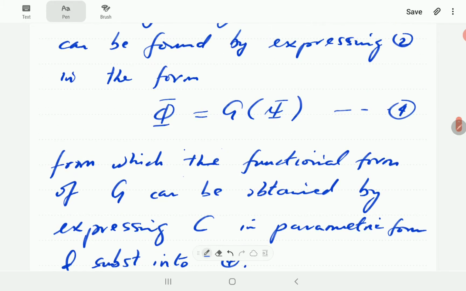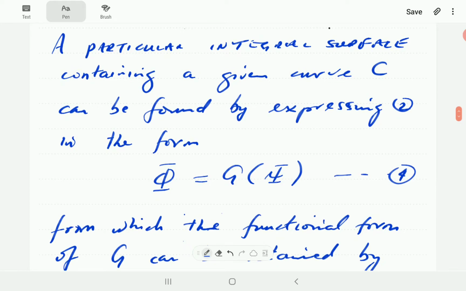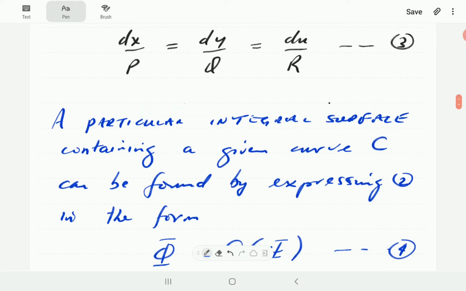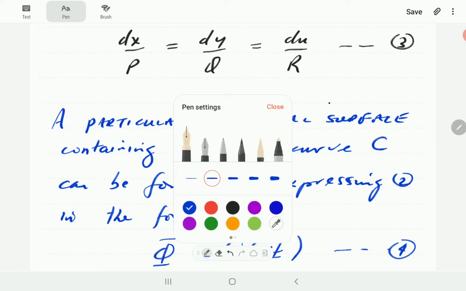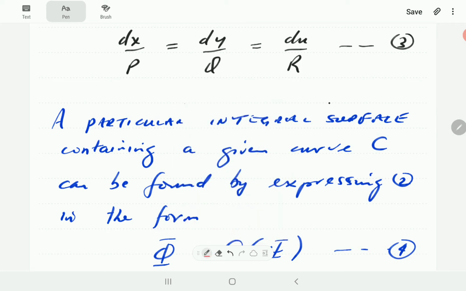Okay, so this is basically what this video is about. We want to find a particular integral surface of the PDE labeled number 1. The curve C is also called the Cauchy data. So remember, we say this type of problem is called the Cauchy problem. All right, so that is the theory.